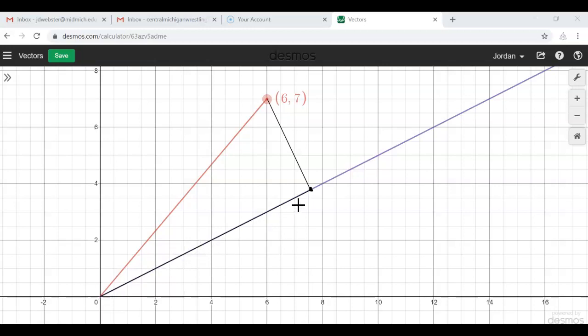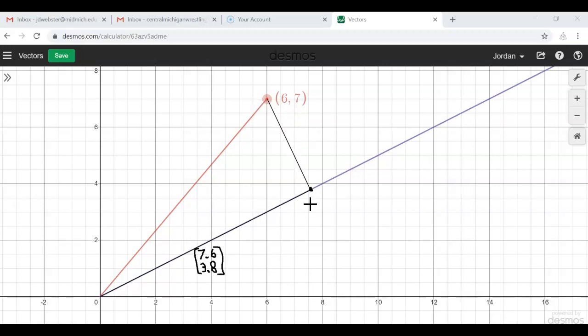This black vector that is running along this purple line, that is my 7.6, 3.8 vector. So that's the projection onto that line, 7.6, 3.8.